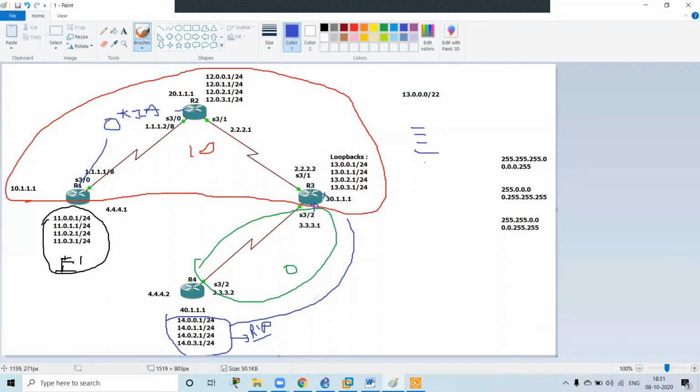But the individual routes, like these networks, will be present only on the ABR. You won't see them inside the area on R2 and R1, only on the area border router. Okay.